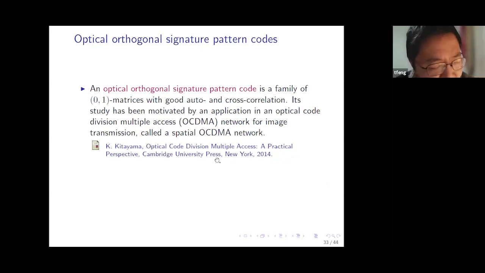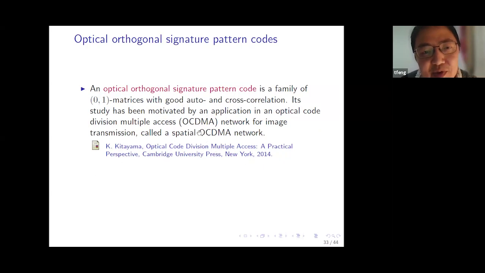And there is another interesting combinatorial code named optical orthogonal signature pattern code. This code was introduced in 1994 or 1995 by Kitayama. Anyway, Kitayama wrote a book in 2014.